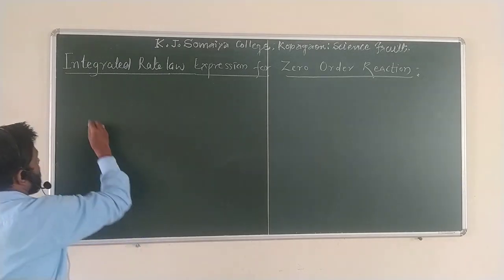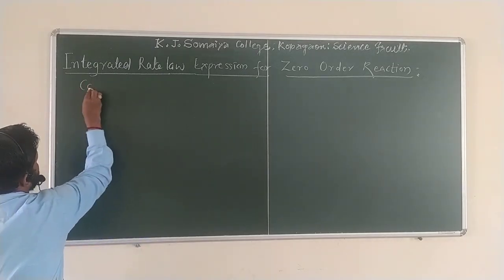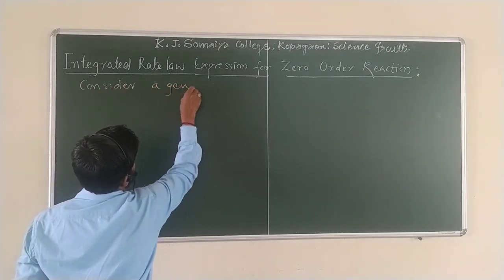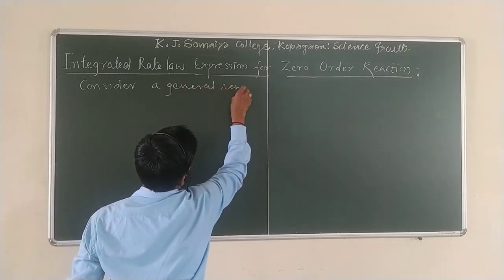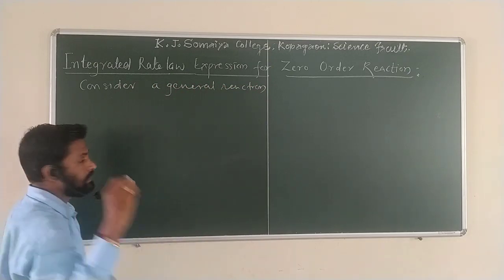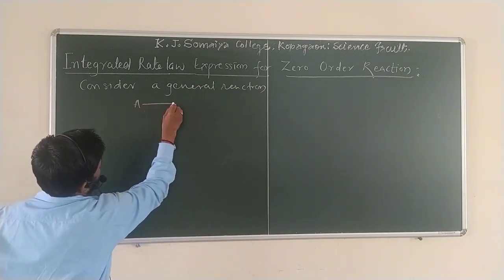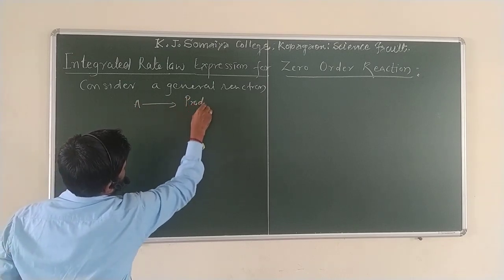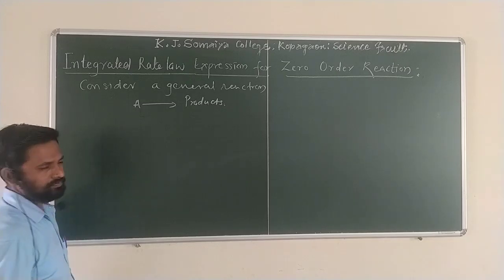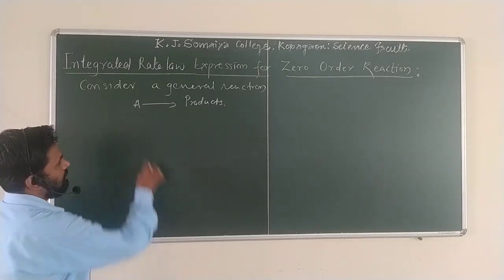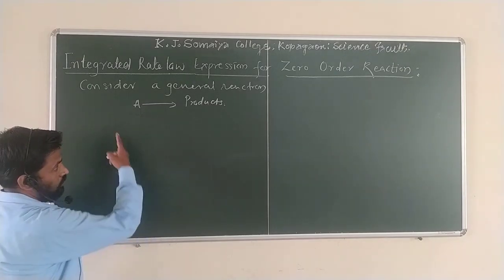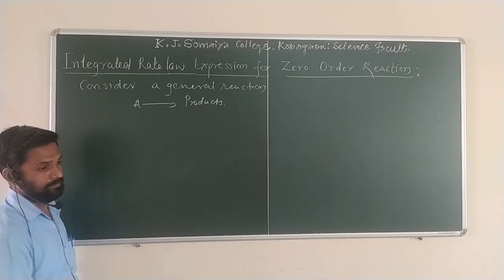Consider a general reaction, A going to product. This is a simple reaction. A is the reactant molecule that forms the product. What order does it follow? It follows the zero order reaction.